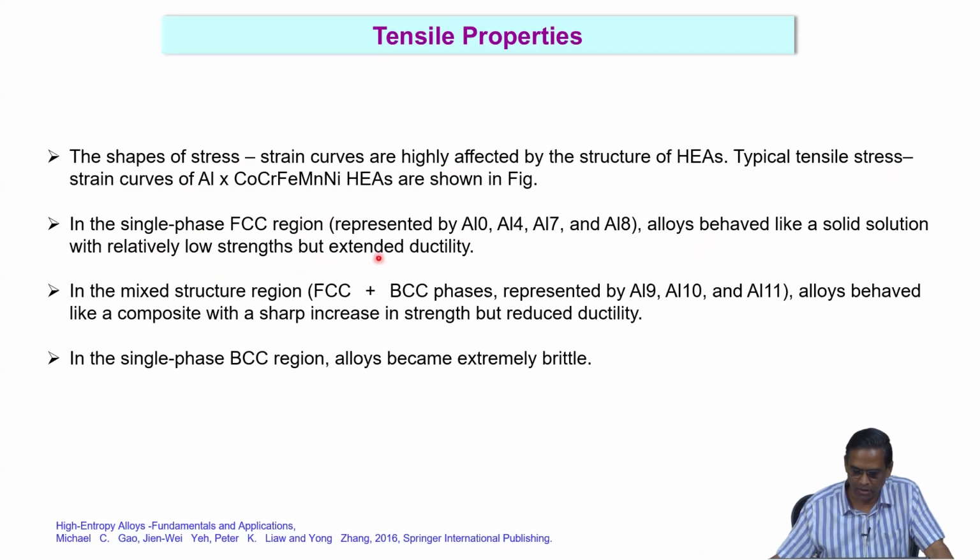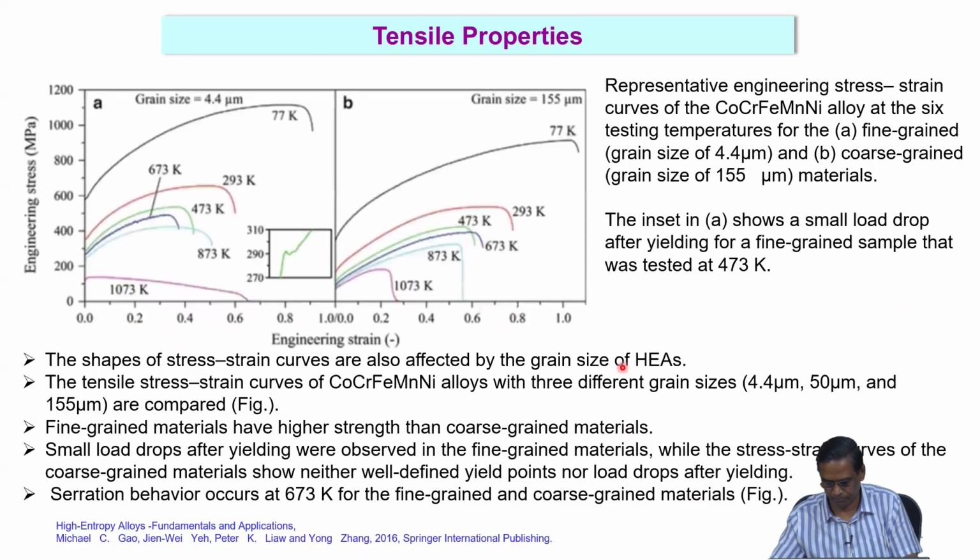Alloys behaved like a solid solution with a relatively low strength but exceeded ductility. But as the aluminum concentration increases, it becomes FCC plus BCC phase represented by aluminum 9, 10 and 11. Alloys behaved like a composite with a sharp increase in the strength but reduced ductility. In the single phase BCC region, alloys become completely brittle. So, this is very important what we are looking at. We witnessed the highly brittle behavior.